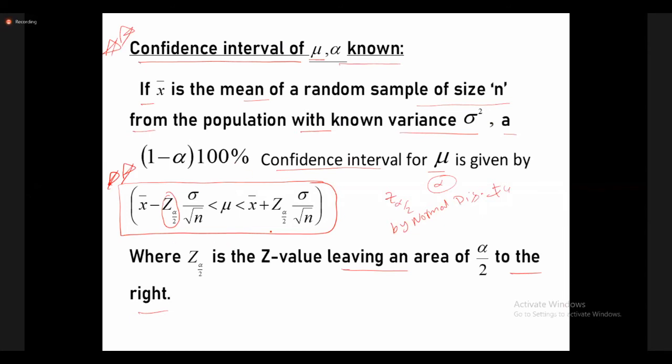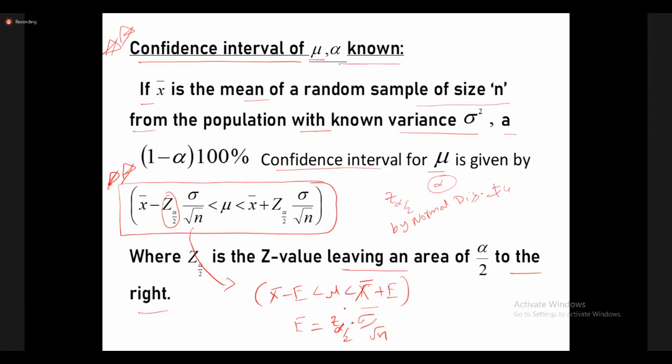The same formula can be written like this also. X bar minus capital E less than mu less than x bar plus capital E. What is the capital E here? z alpha by 2 into sigma by root n.